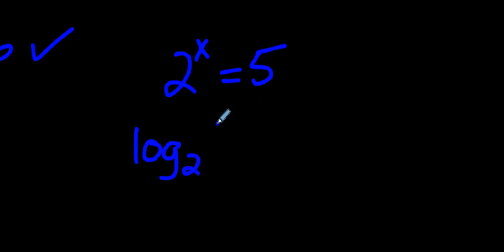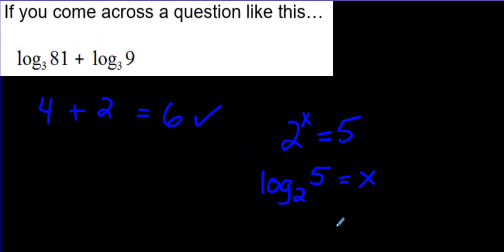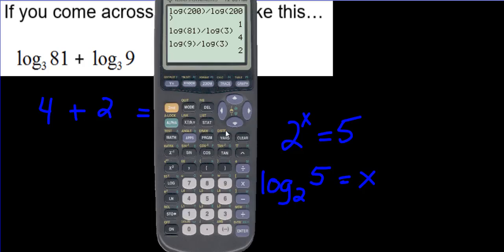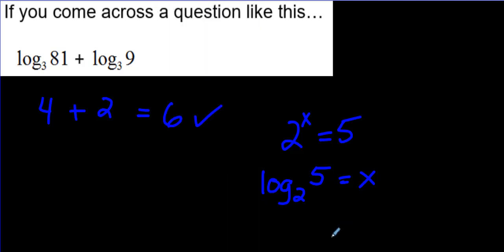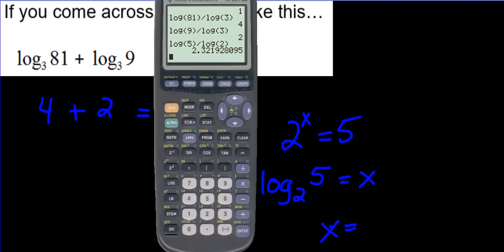So log 5 to the base 2 is equal to what exponent? You could do this, and you would take your calculator, and you would go log 5 divided by log 2. And next thing you know, the exponent's going to be approximately, let's round it off, 2.32.